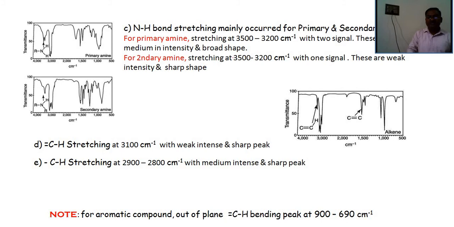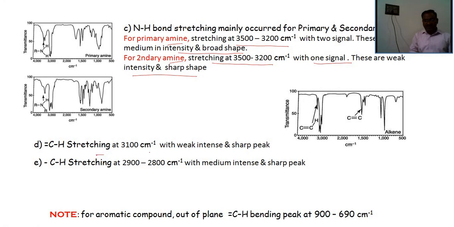NH stretching mainly occurs in the primary and secondary amines. Primary amines stretch at 3500 to 3200 with two signals, and secondary amines stretch at 3500 to 3200 with one signal. This is a weak intensity sharp line. This is a medium intensity and broad shape.